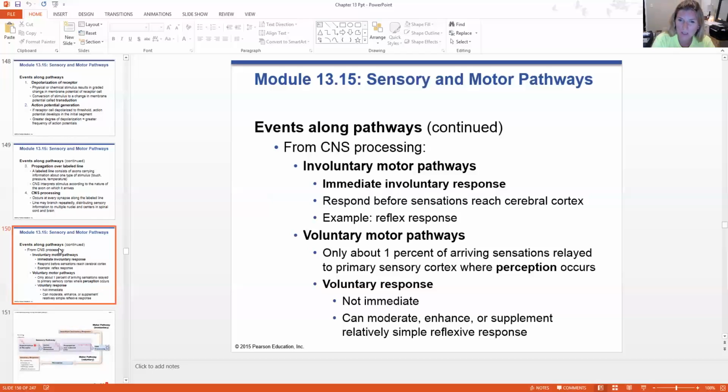Only about 1% of arriving sensations are actually relayed to the primary sensory cortex where perception occurs. Whoa. Only 1% of all the things that you are aware that you're feeling are relayed to your consciousness. So think about all the other inputs that you're getting into your body that you don't even pay attention to, that you're not even aware of.